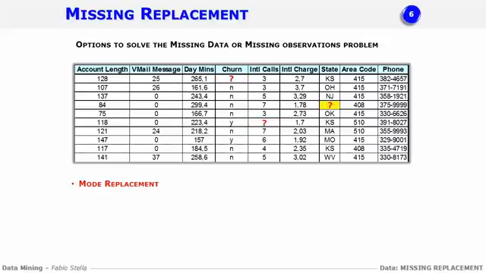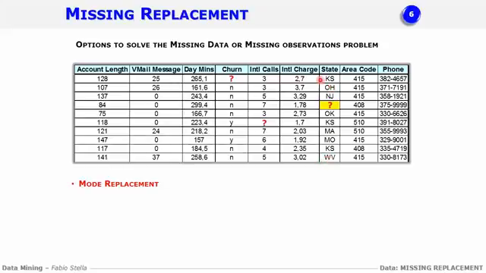The fourth option to solve the missing data problem depends on the type of the attribute that we are taking into account. In particular, if the attribute is discrete, either nominal or ordinal, then the option will consist of mode replacement. To show how mode replacement works, we make the assumption that this portion of the customer calls database represents the entire dataset that we have to analyze.